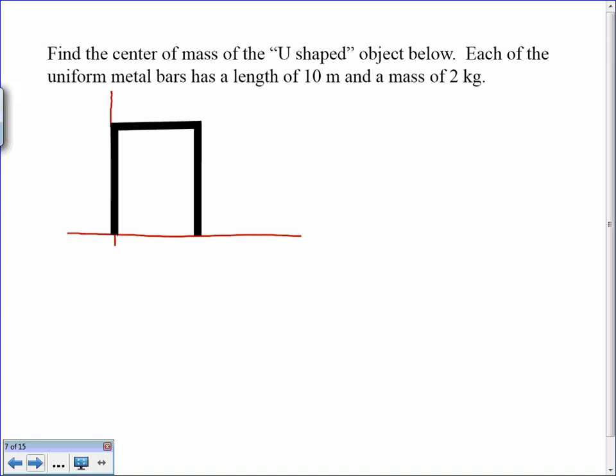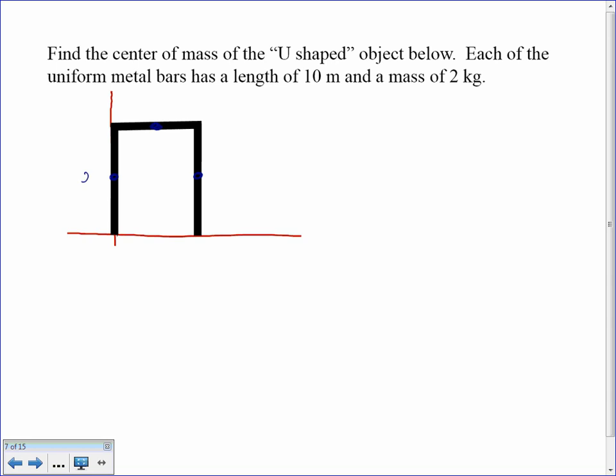If you have uniform objects, then the simple thing is that the center of mass of the uniform object is going to be right at the center of the object. So if this object is made up of 3 uniform metal bars, each one with a length of 10 meters and a mass of 2 kilograms, that means that the center of mass of each of these bars can be looked at as being at the center of it.